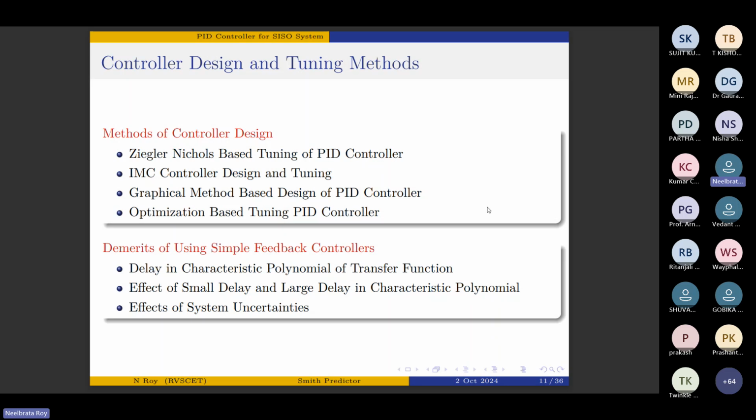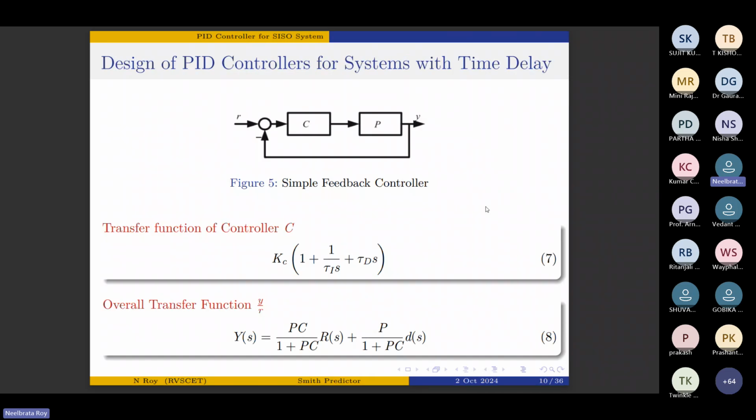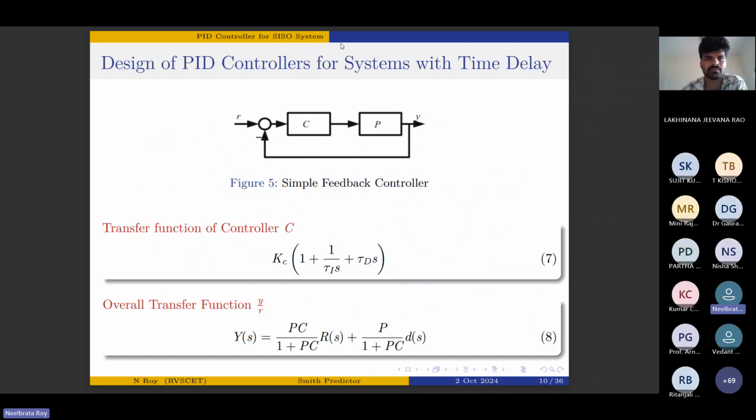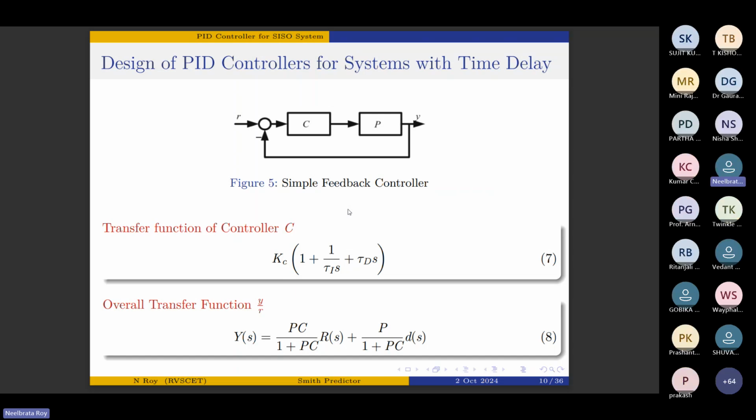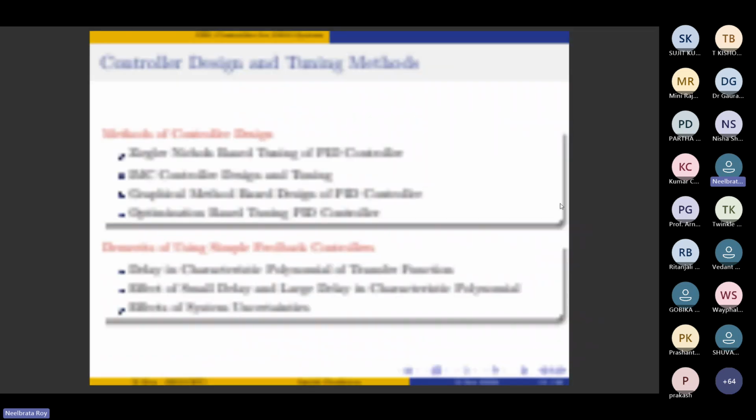Either one or all of the three cost functions are minimized. On the basis of that, the parameters of the controller are designed, as the error function of the given simple feedback controller depends on the controller parameters. That's why on minimizing the error, we get different controller parameters.